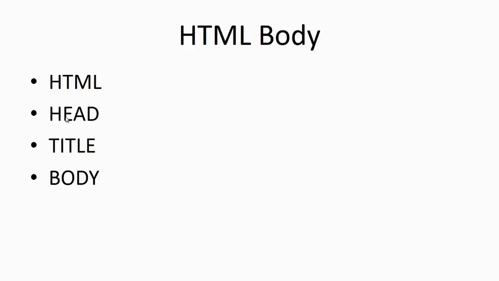If you think about a human body, you have the head, and right below that you could have a name tag, like the title. And then right below that, you have a body. And of course you have your feet and everything like that. That's probably the easiest way to think about it. Think of a stick figure: you've got the HTML guy, he's got a head, and then he's got a name tag, that's the title, and then he's got a body.